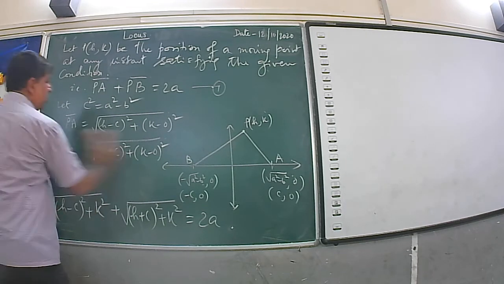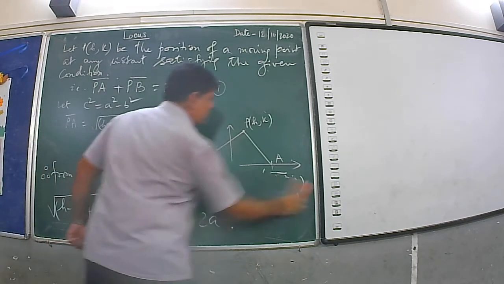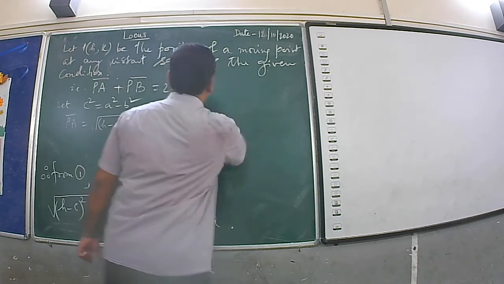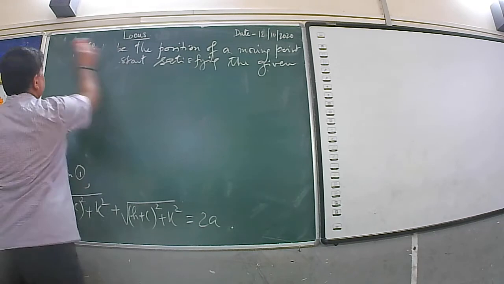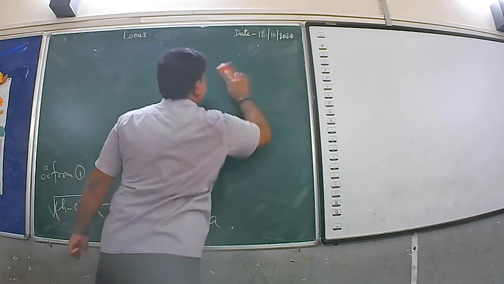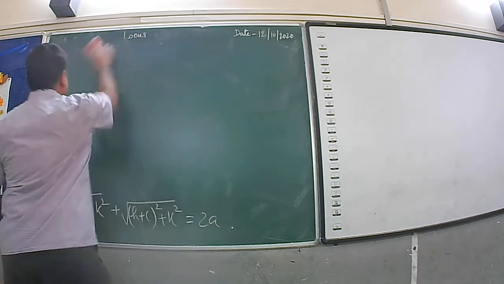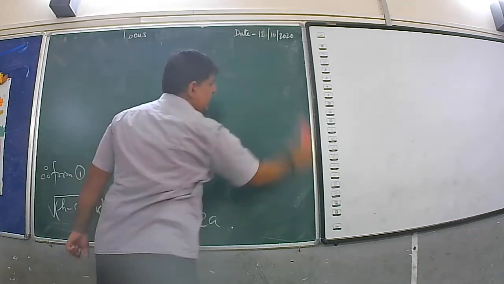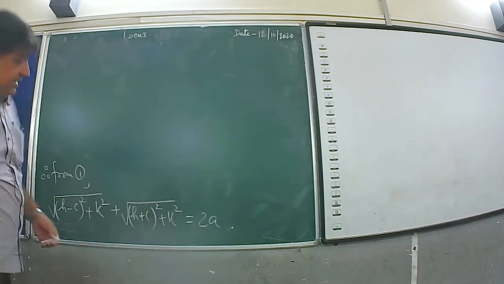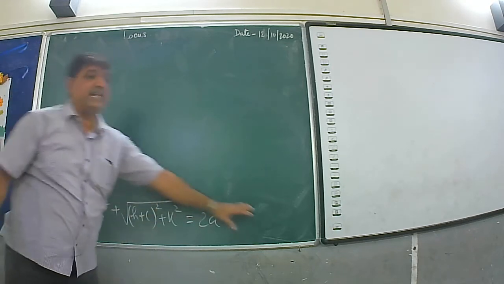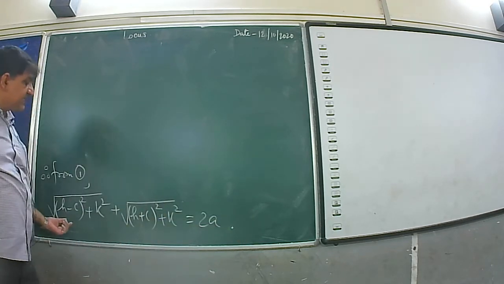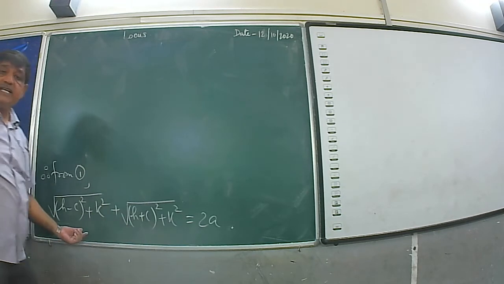Now we have to simplify this result, and after simplifying this result, the equation containing x and y will represent the locus of the moving point. Now what to do? We will try to shift one term to the right hand side, because in the left hand side the two terms contain the radical sign.